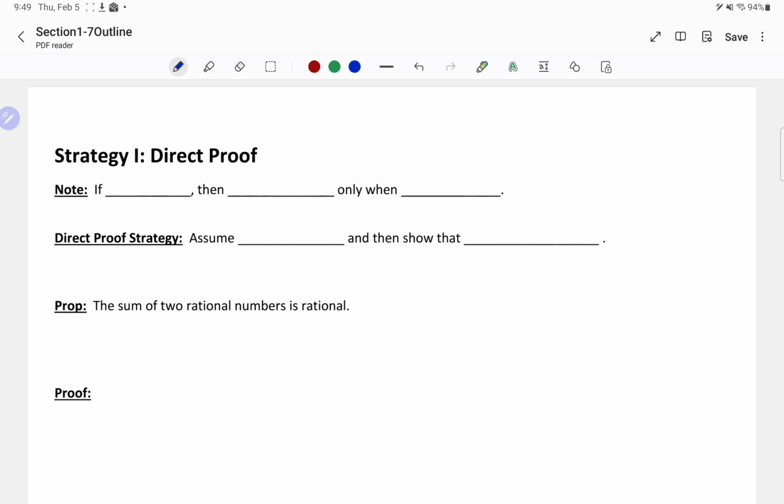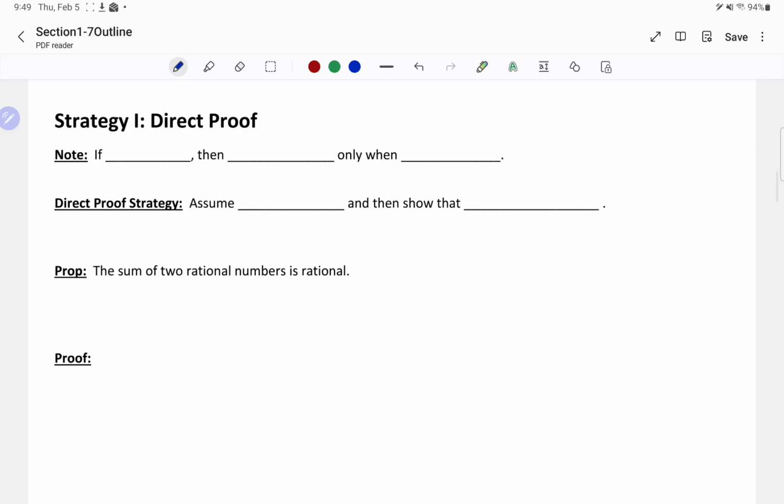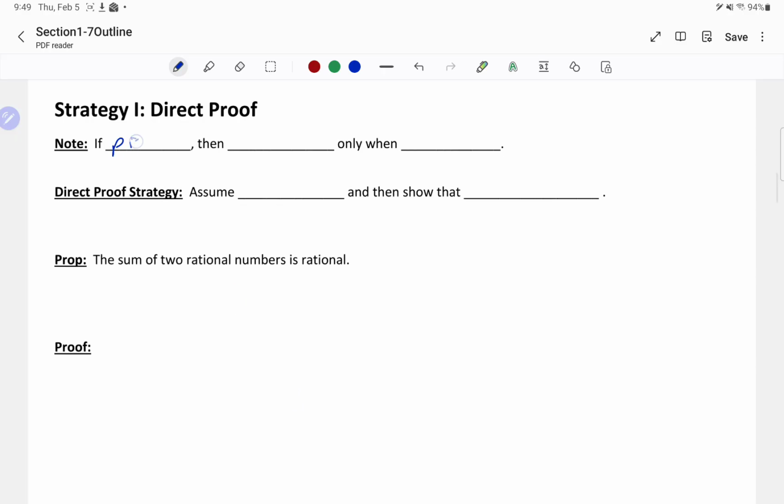So, the first strategy that we're going to look at is called direct proof. Remember that if P is true, then the statement P implies Q is true only when Q is true. The only way that P implies Q can be true is if Q is true.